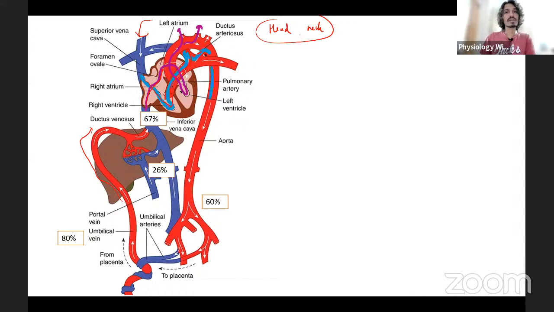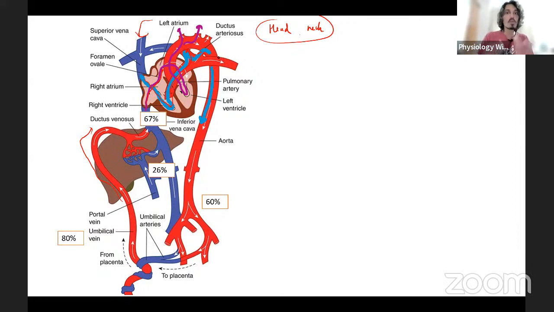So instead, what will happen? This is deoxygenated blood. This deoxygenated blood will now go down from this level. So what did we see earlier? The oxygenated blood which went through the foramen ovale comes down to the left ventricle, goes up and goes to the head and neck region. In the rest of the aorta, the ductus arteriosus will bring deoxygenated blood from the top and come down.